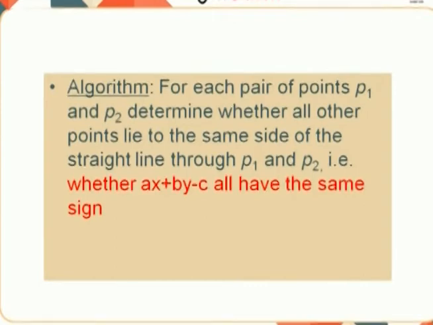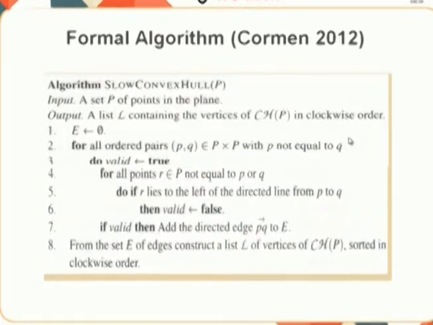This is what I am going to do as part of this algorithm. I am conceptualizing this into a formal algorithm, which you can see is the slow convex hull algorithm. P is the set of points that are given, and I am going to construct the convex hull.